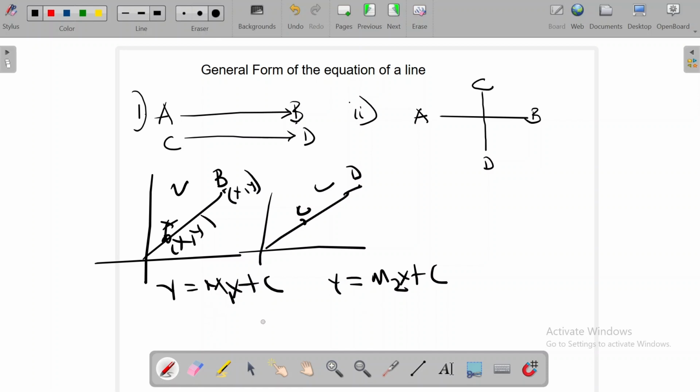The slope of the first line, m1, should be equal to m2. It's as easy as this.